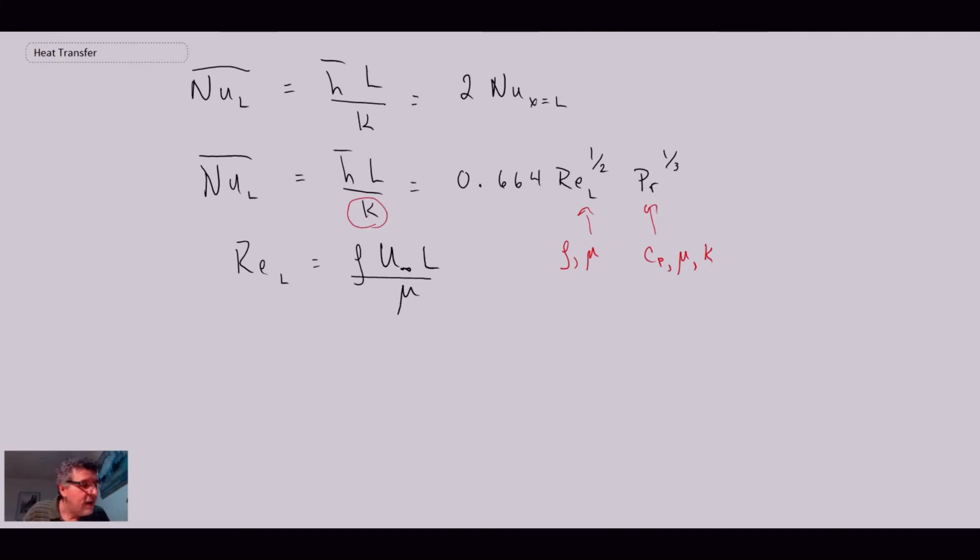So the question arises: at what temperature do we evaluate the properties within these equations? This is always something with fluid mechanics, depending upon the equations; sometimes properties are evaluated at different temperatures. But for these equations, we evaluate the properties at a temperature that we call the film temperature.